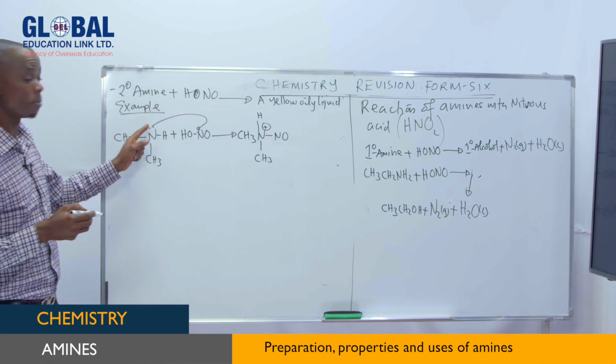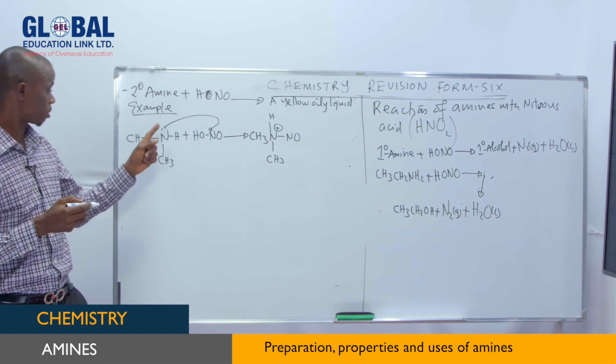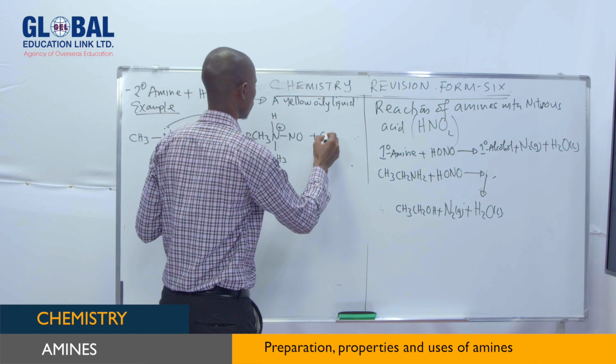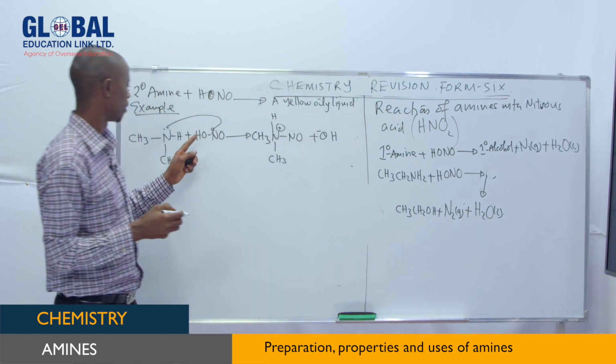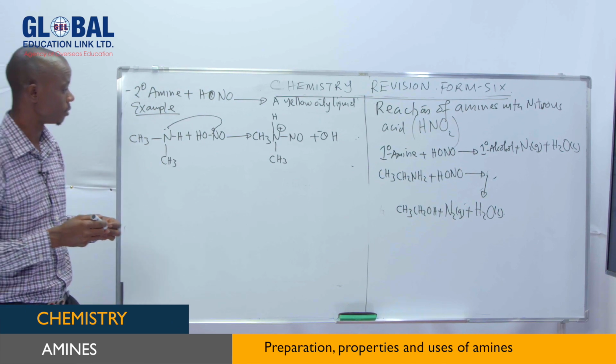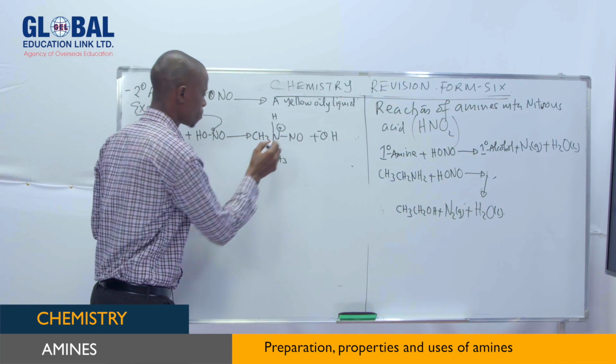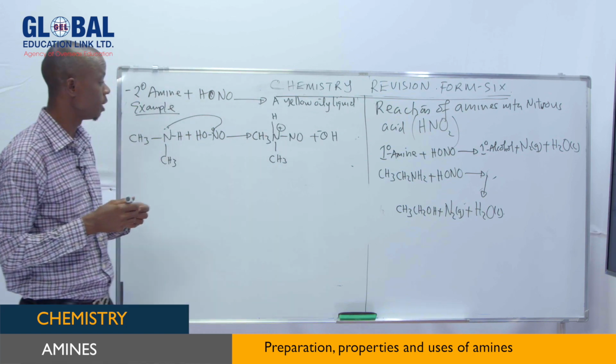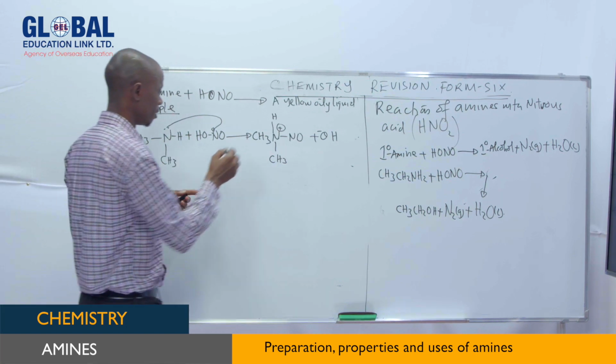This nitrogen atom will be positively charged because it has lost its lone pair. And we are going to have this hydroxide ion. So to stabilize this positive charge on the nitrogen atom, this bond between nitrogen and hydrogen will break heterolytically.